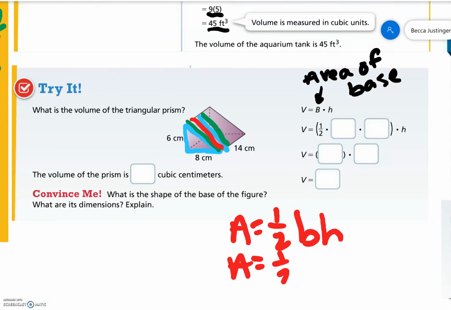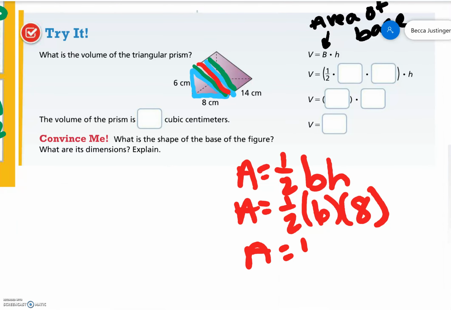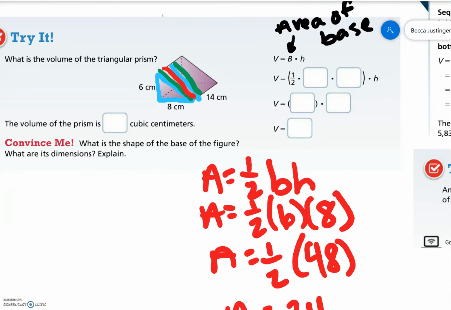So area is 1/2 6 times 8. 6 times 8 is 48. And half of 48 is 24. So the area of the big B, the base, is 24.